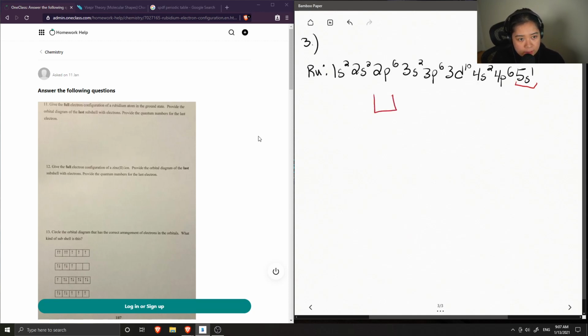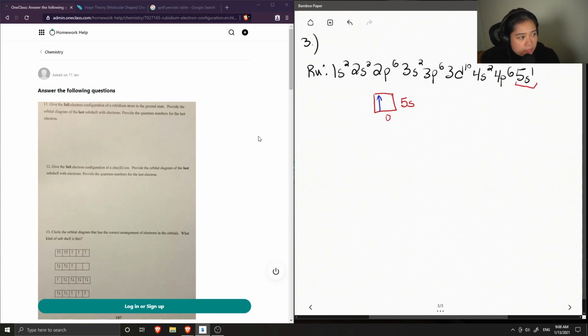So let's write our orbital diagram box, and I'll label this as the 5s subshell. And there's only one electron, so I'm just going to draw a single electron pointing up. And now we just need to provide the quantum numbers for this last electron.